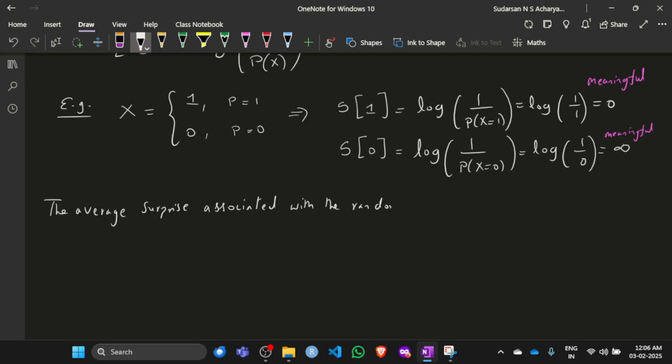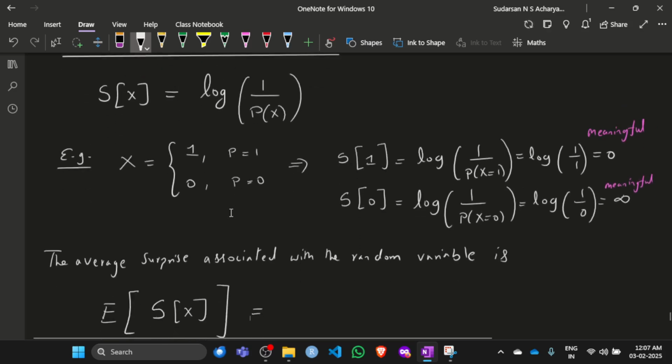So what is the expected surprise associated with a random variable? That is written like this. It's the expected surprise associated with a random variable x. Or I should actually put it as square brackets, like so. This is surprise associated with a random variable. What is the expected surprise? Now, why are we talking about the expected surprise?